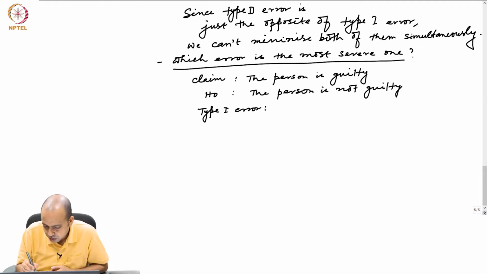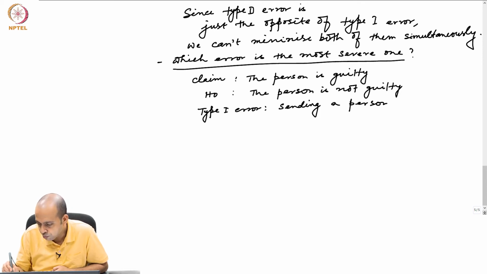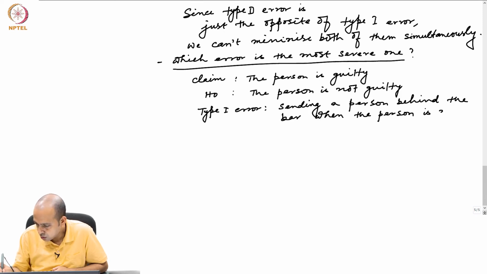So, type 1 error is sending an innocent person behind the bar when the person is not guilty.